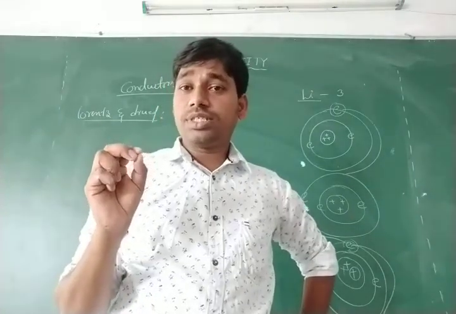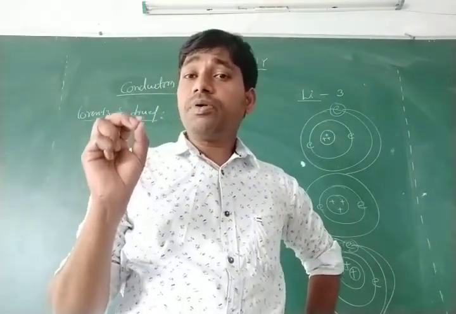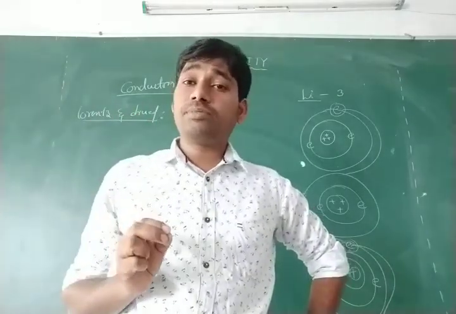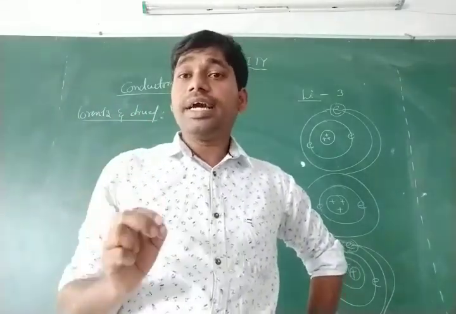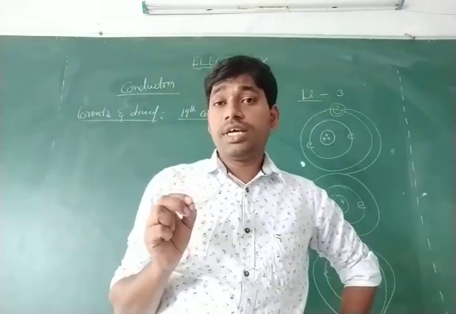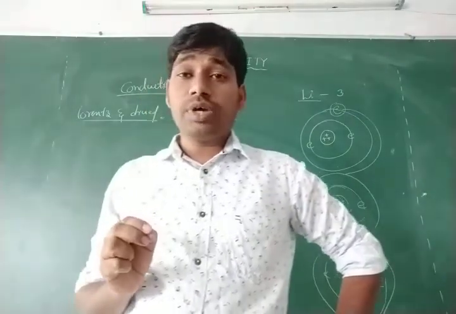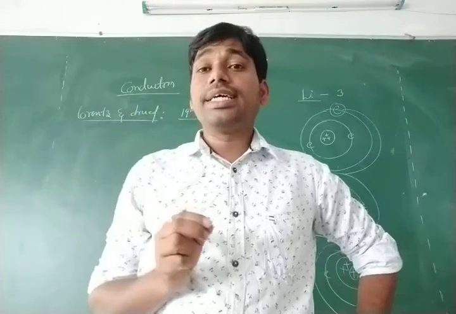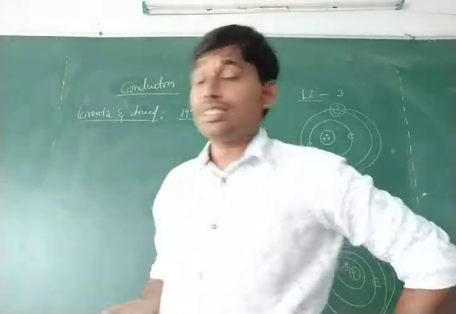These free electrons are loosely bound in the atom and can move from one atom to another easily, and positive ions are fixed in their location. The arrangement of positive ions in a conductor is called a lattice.